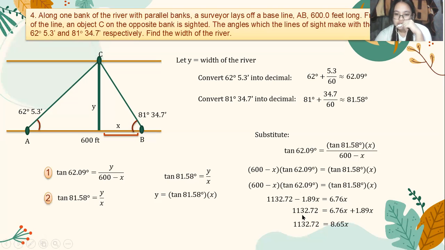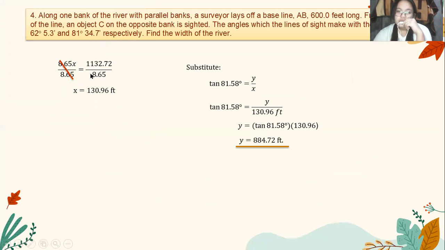So we have 1132.72 equals 6.76x plus 1.89x. Adding, we get 8.65x. Then we divide both sides by 8.65, and we have x equals 130.96 feet.